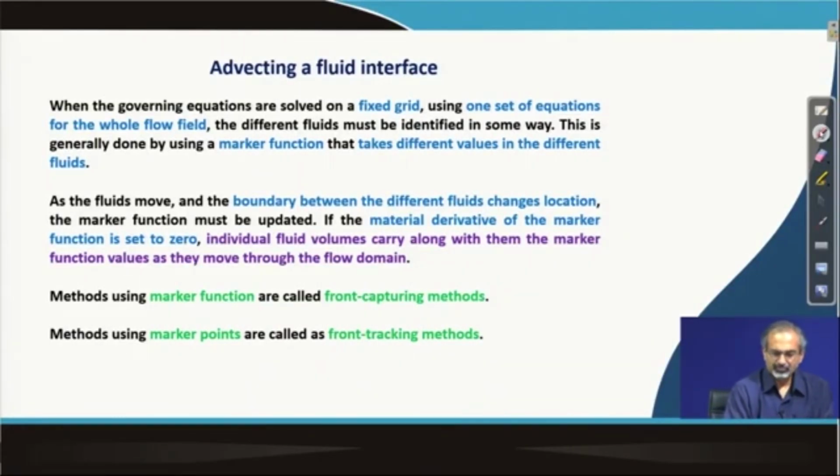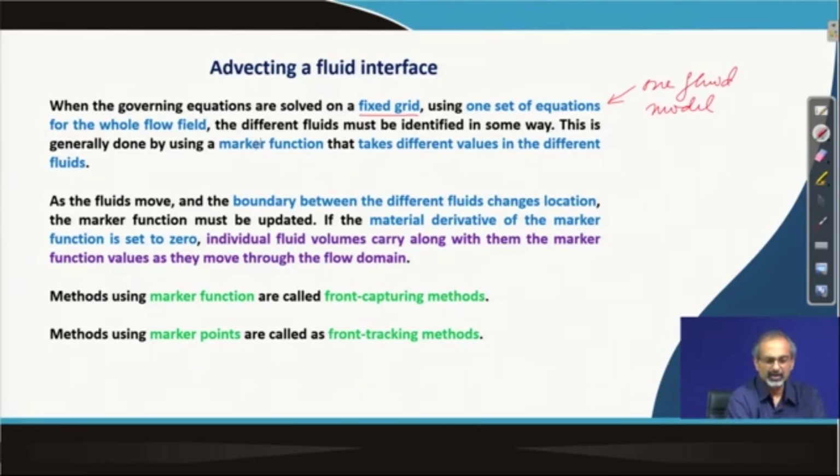So, now we will briefly discuss advection of the fluid interface. If we consider that the governing equations are being solved on a fixed grid using one set of equations for the whole flow field, which is true for the one fluid model, which we are going to further expand in the subsequent lectures of this module, the different fluids must be identified in some way. So, you have to keep track of where the respective fluid regions are located.